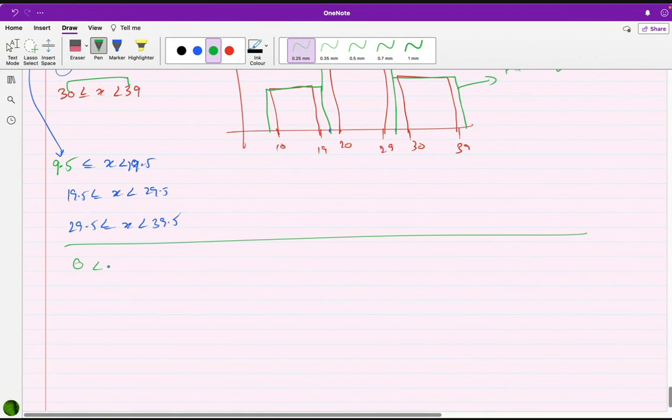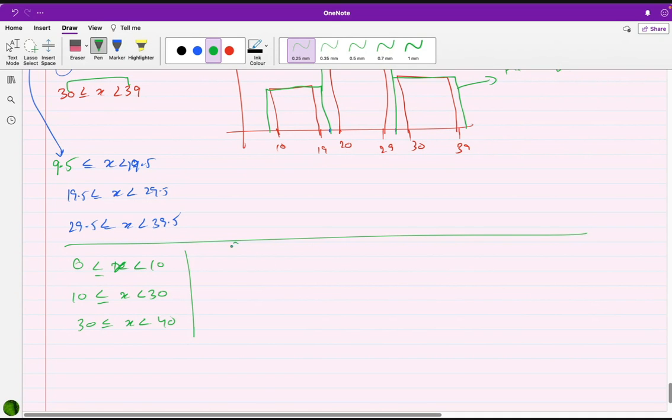For example, we have 0 less than or equal to x less than 10, and on the other side 10 to 30, and this is 30 to 40.